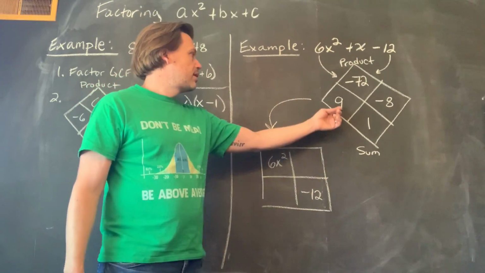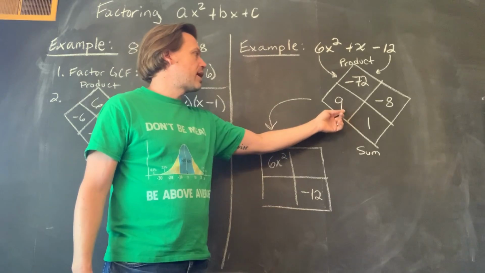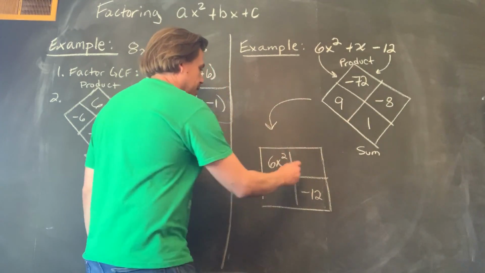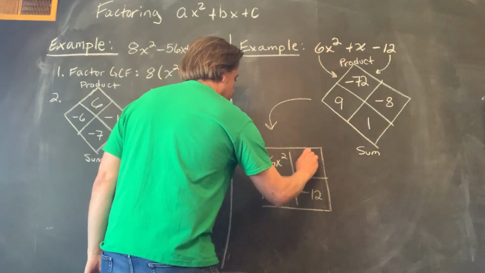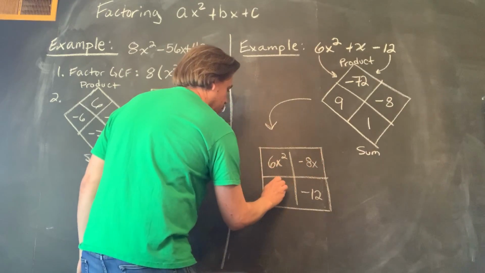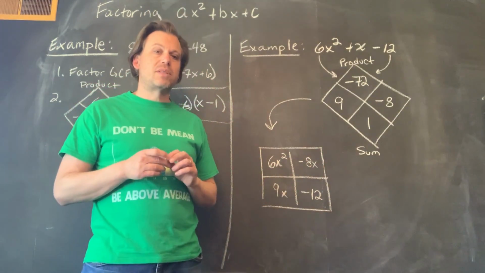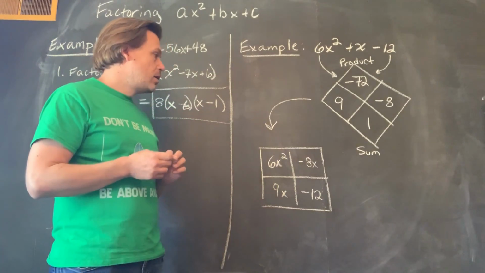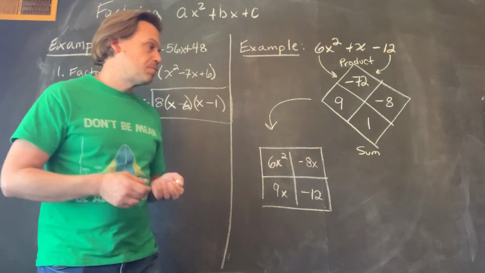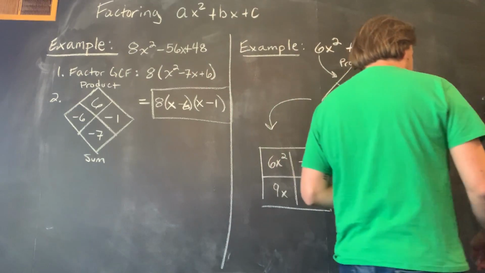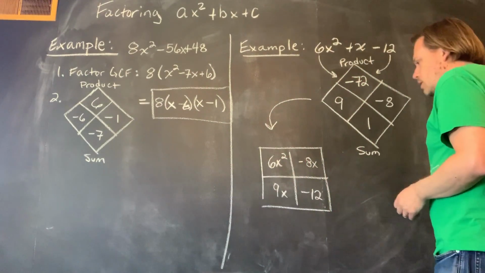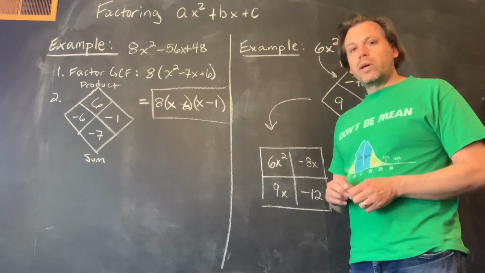So that's going to be from my diamond problem. I'm going to use 9x and minus 8x. So that was the important thing for the diamond problem, was to be able to fill in this box. Once I fill in the box, I can actually go through and find what I need to do.